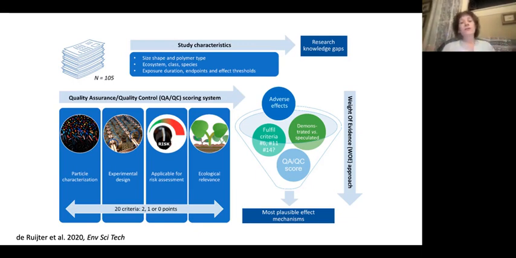And all of this is really to make sure that it's as ecologically relevant as possible and controlled, and that when you have all of these various controls and considerations accounted for, it's more likely that your study will be acceptable for use in risk assessment.